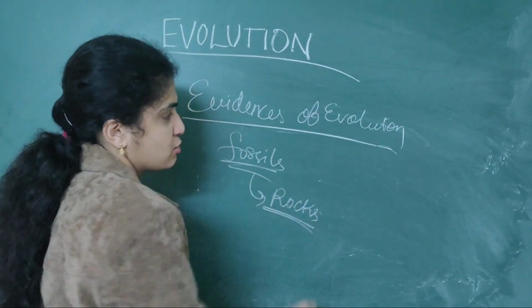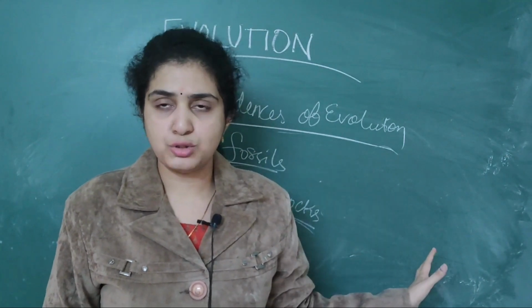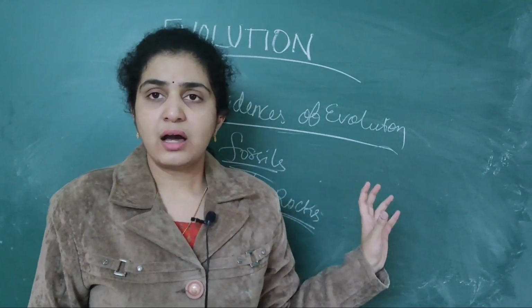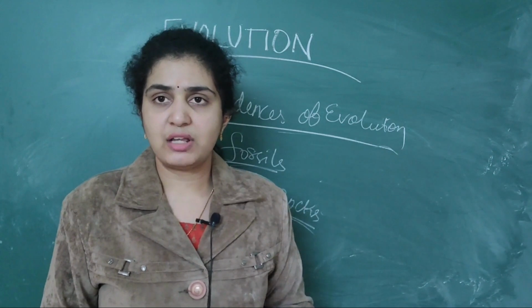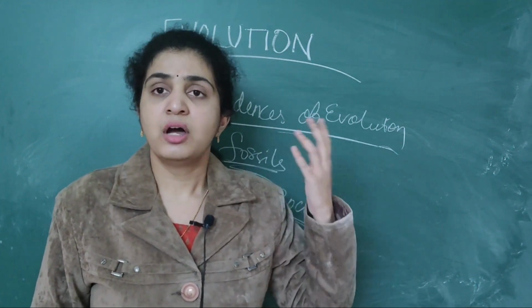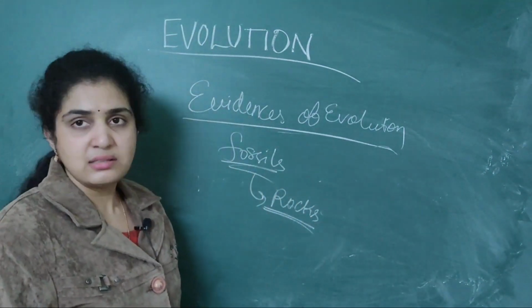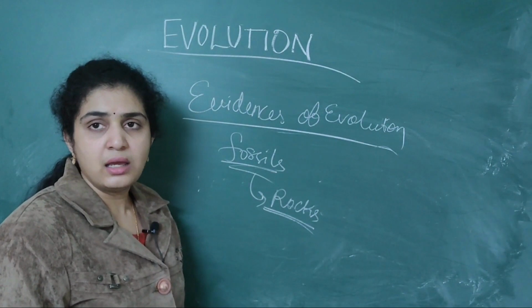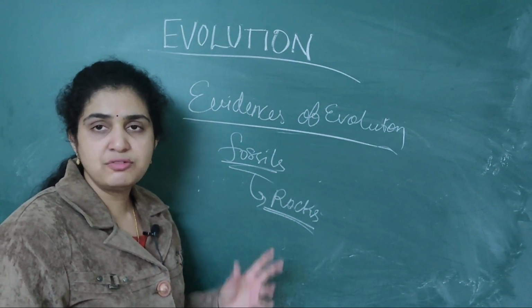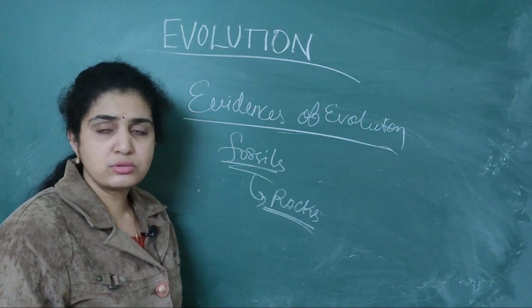They are the evidences for evolution. All the fossils are the remains of hard parts of organisms which existed millions of years ago, and they are usually found in rocks, like extinct species such as dinosaurs.